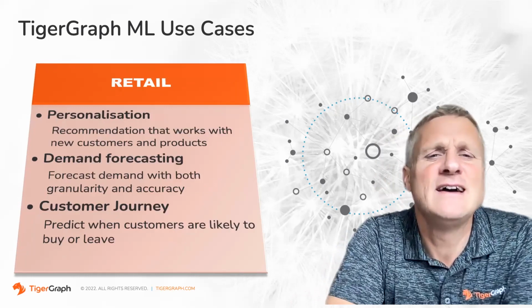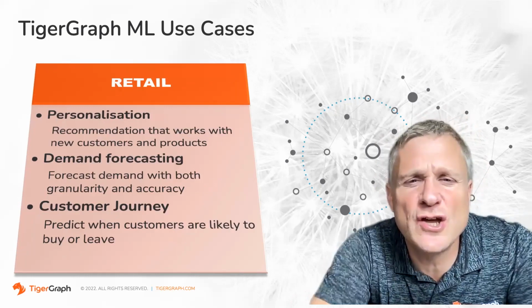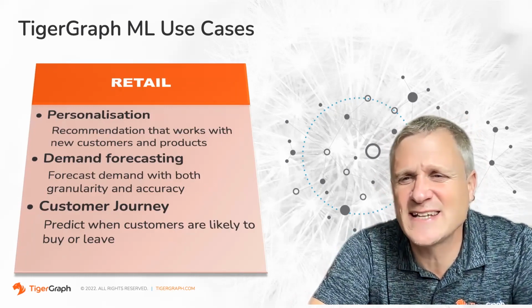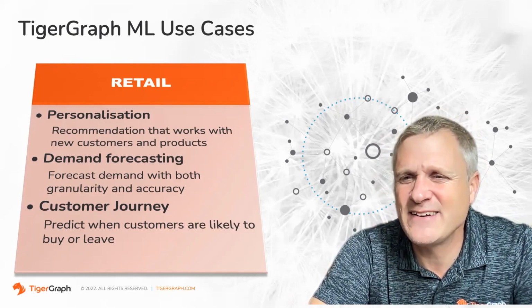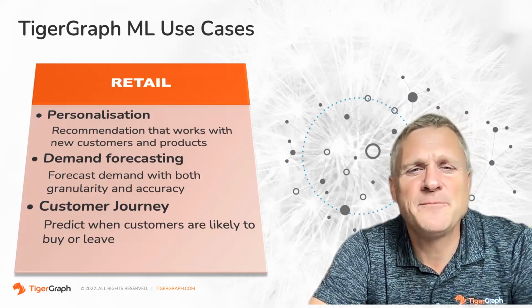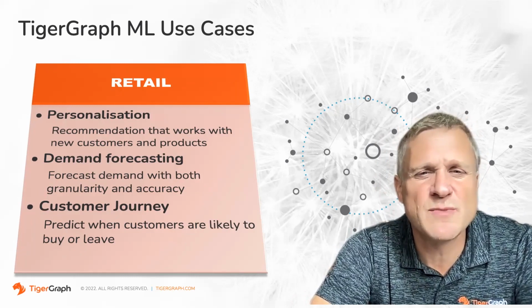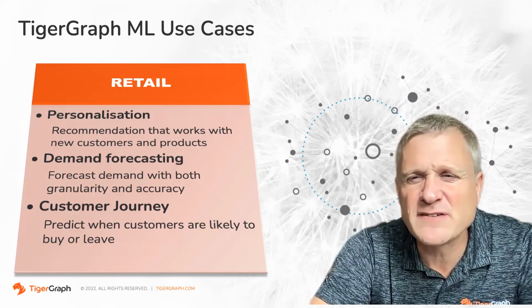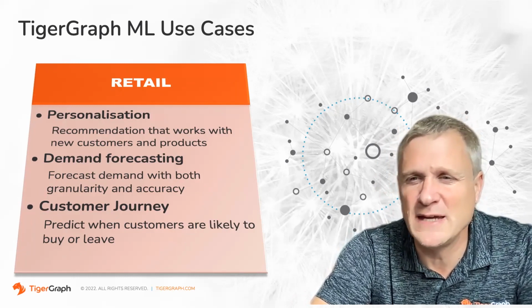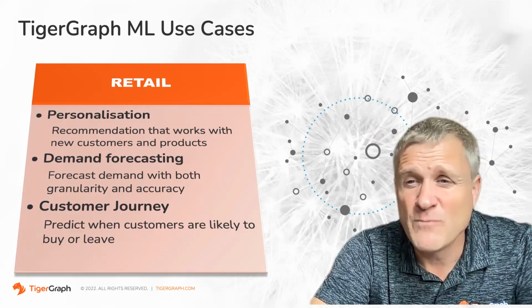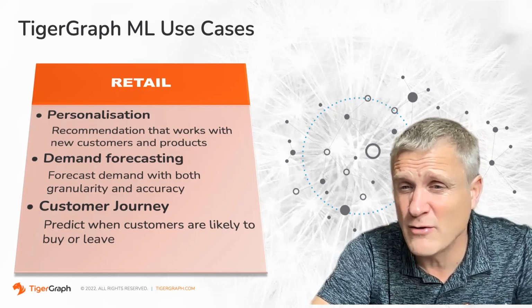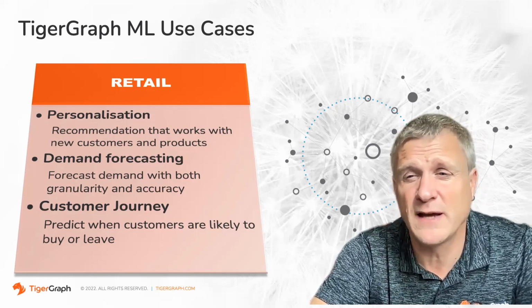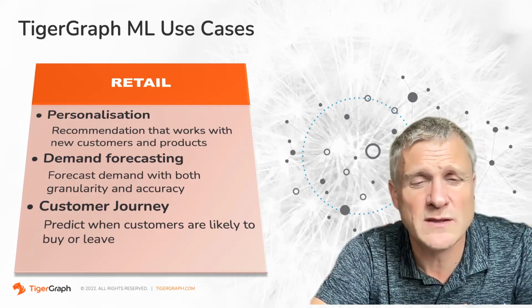In retail, personalization is huge, and we'll talk about personalization in a later talk. But personalization that works with new customers and new products, where you don't know anything about the customer, where collaborative filtering, people like me also buy, those kinds of things. We can get around those problems with graph that you simply can't if you're not using the connections between things.